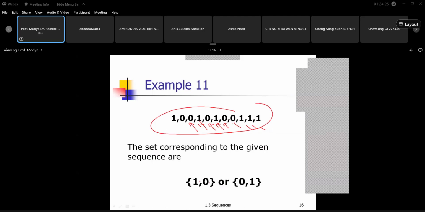Open the bracket, 1, 0, close the bracket, or 0, 1, open and close the bracket. So if we have this kind of value, we need to represent it through a set, either this representation or this representation. Okay, that's if the numbers are repeated.